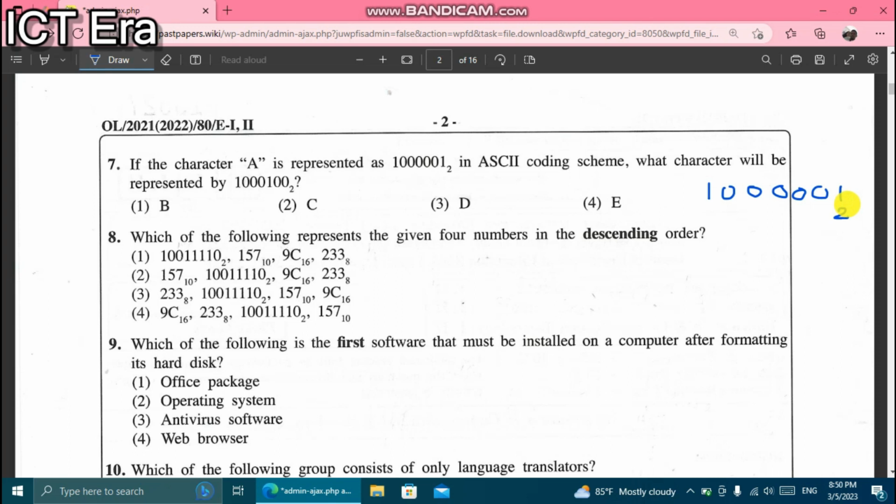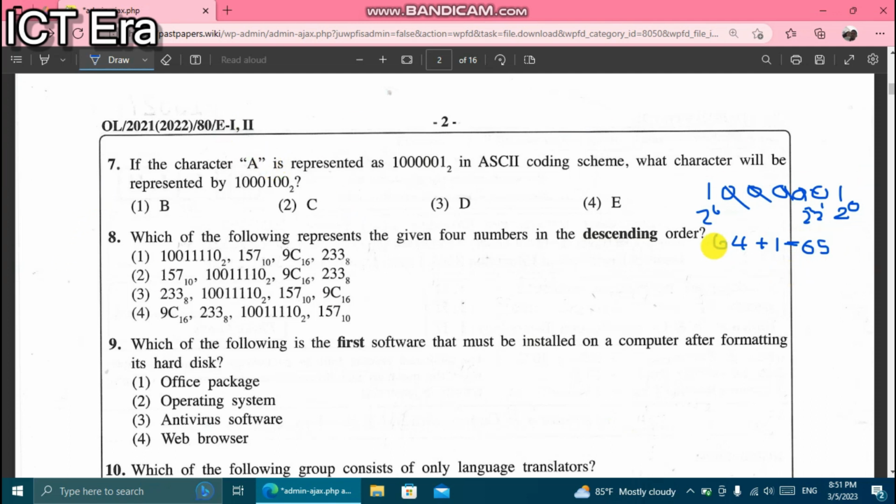Here 2 to the power 0, here 2 to the power 1, 2 to the power 2, 2 to the power 3, 2 to the power 4, 2 to the power 5. No values as this is 0. And this one is 2 to the power 6. So 2 to the power 6 means it is 64. 64 plus 2 to the power 0 means 1 equals 65. Now that means A represented 65.